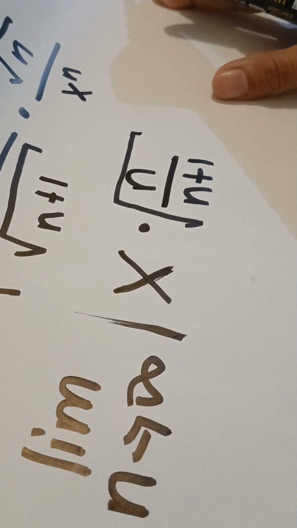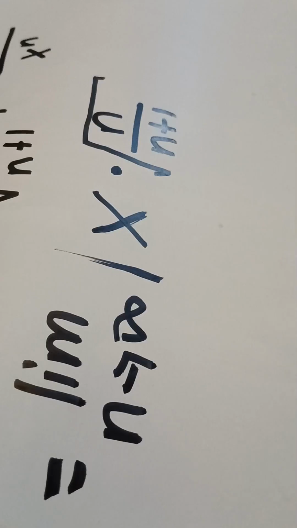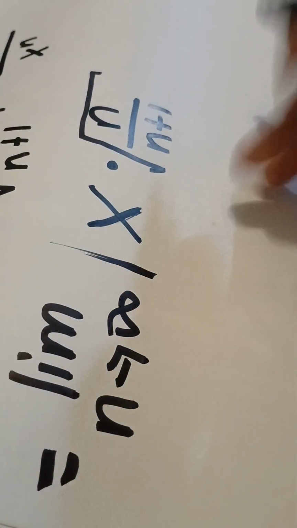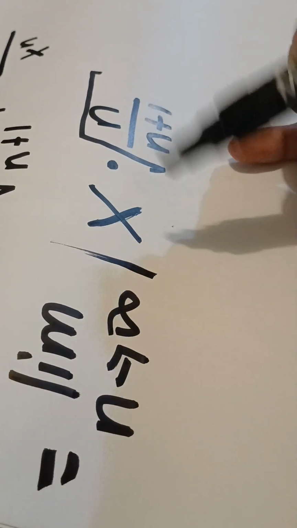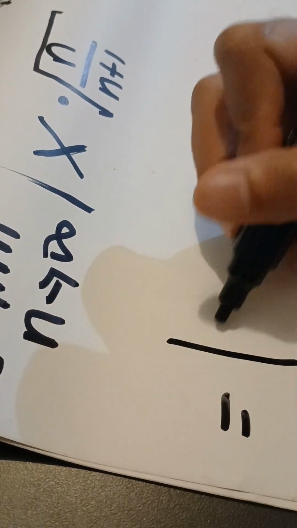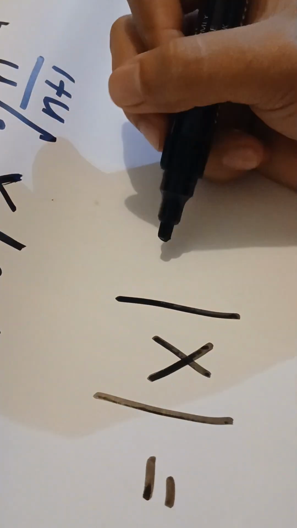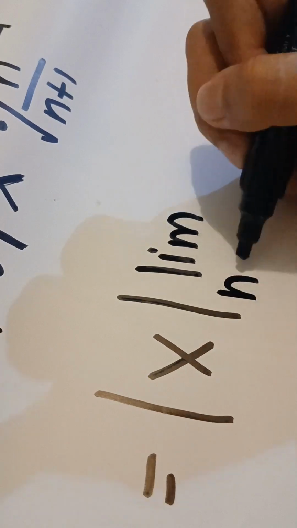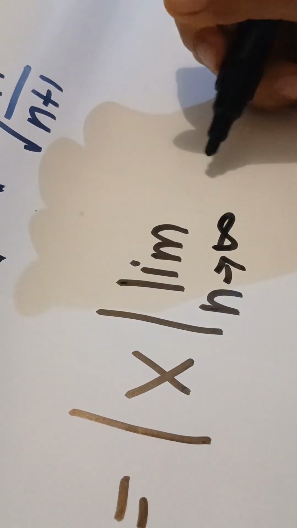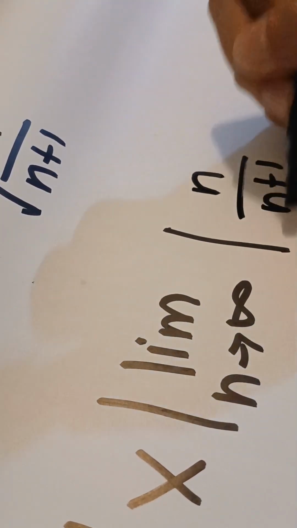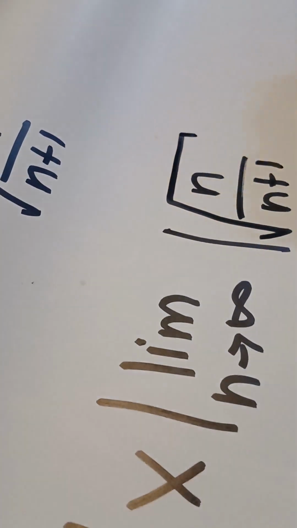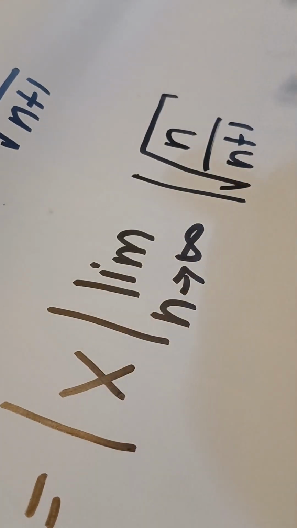Then now we can factor out the x, so that comes out as the absolute value of x times the limit as n goes to infinity of the absolute value of the square root of n over n plus 1. The limit as n goes to infinity of the square root of n over n plus 1 is simply equal to 1.